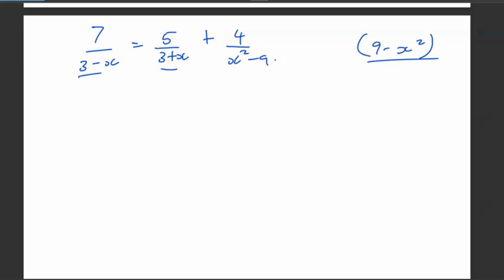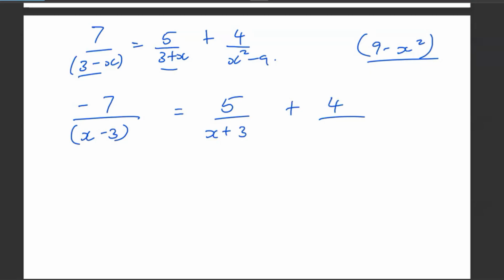So what I'm going to do, first of all, I can introduce a negative sign here and then change this so that I have negative 7 over, this is going to be x minus 3, is equal to 5 over, I will change that, x plus 3, and then 4 over, let me factorize this, x minus 3, and then x plus 3.